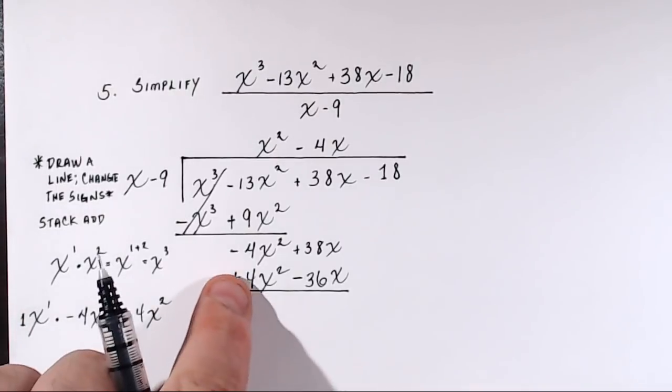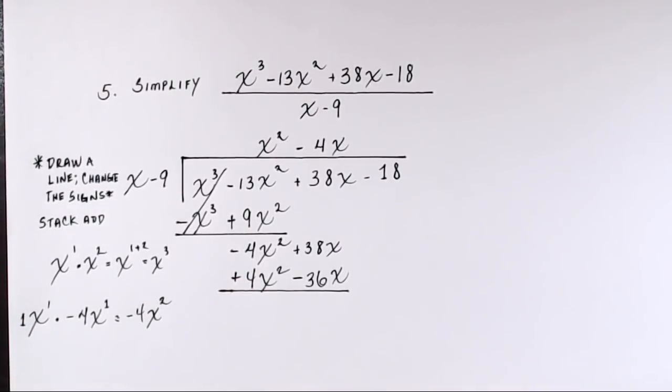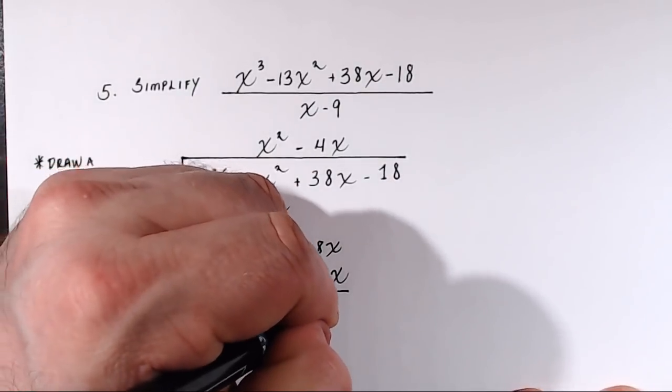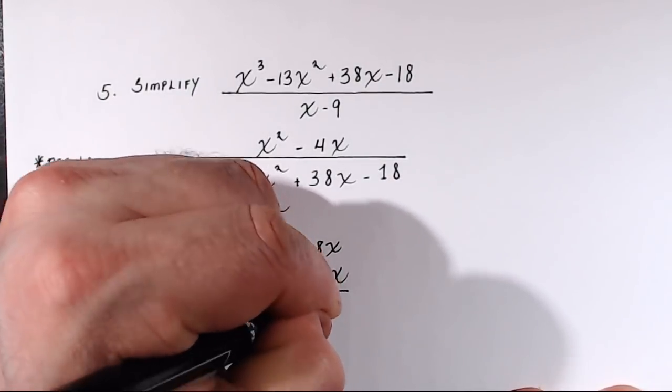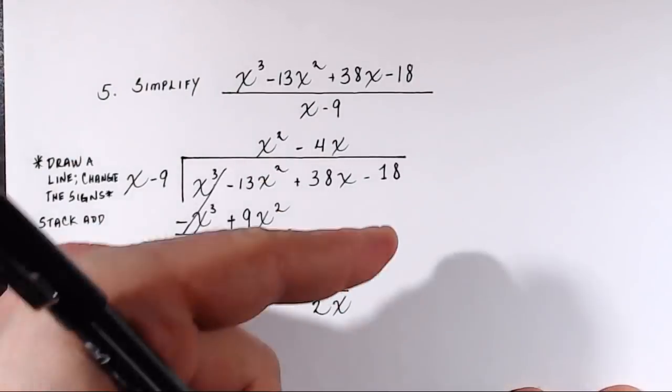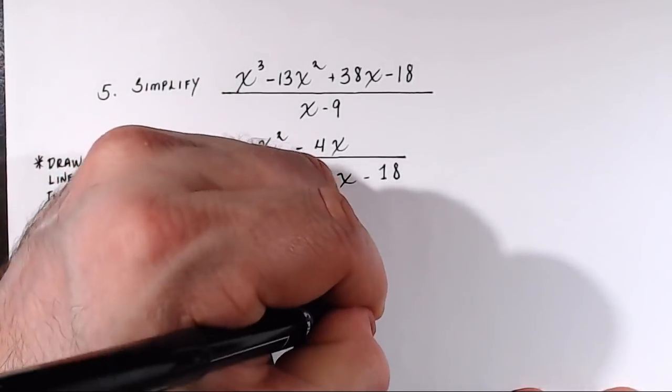So this becomes positive 4x squared minus 36x. The first terms cancel. And then I have positive 38x minus 36x, and I come out to positive 2x. And then I bring down minus 18.